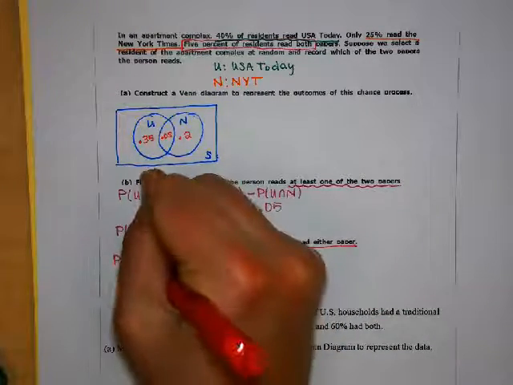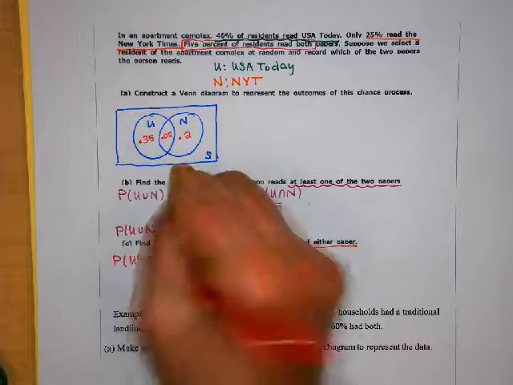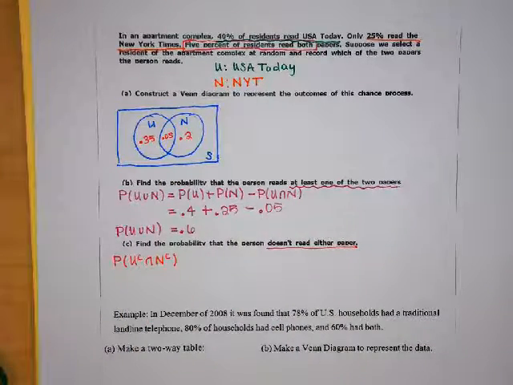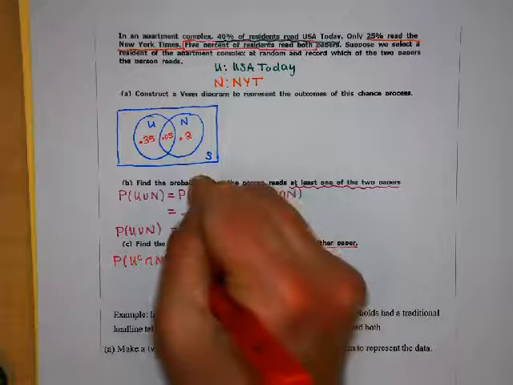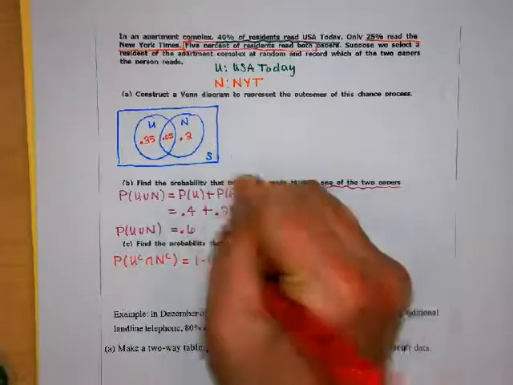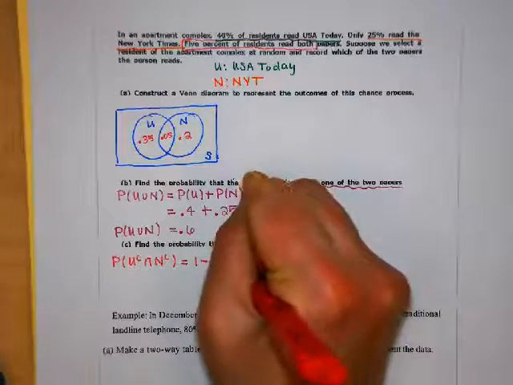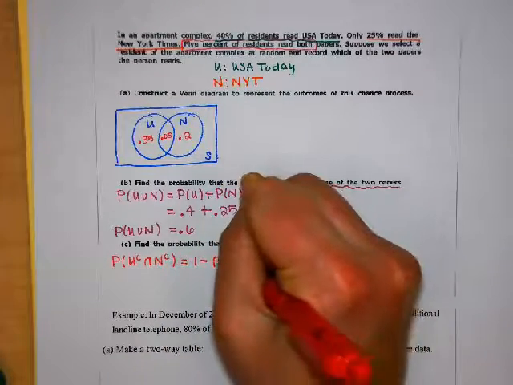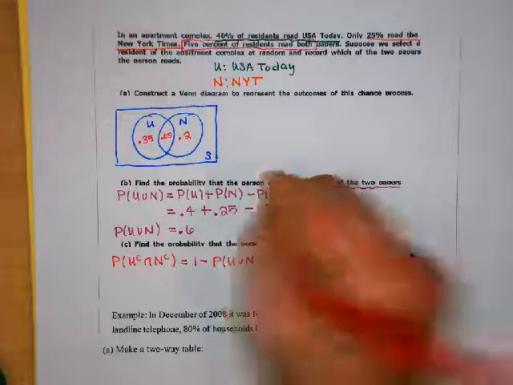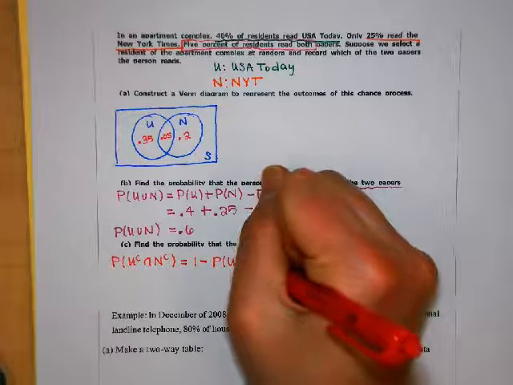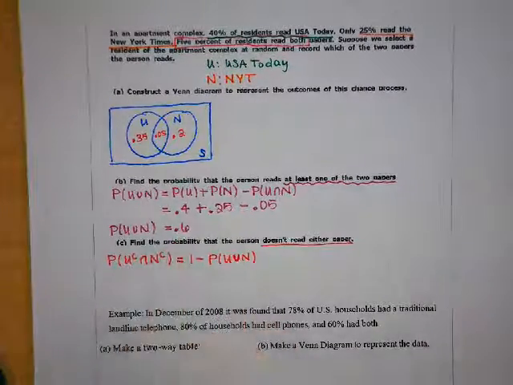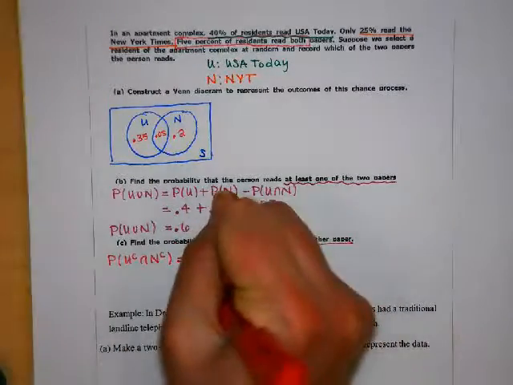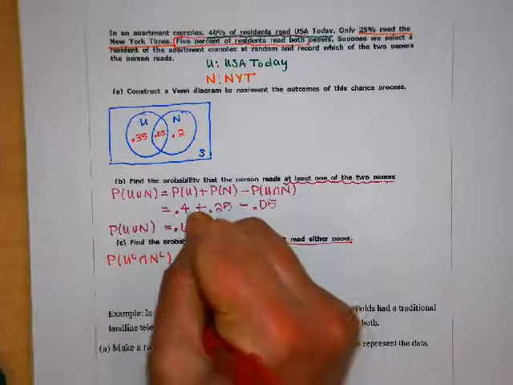So we have a complement problem, which means we can use rule number 1. So 1 minus the probability they read USA Today or they read the New York Times. That's a bad symbol there, sorry. And we just found this, that's 0.6. So 1 minus 0.6, which is 0.4. So the probability they don't read either paper is 0.4.